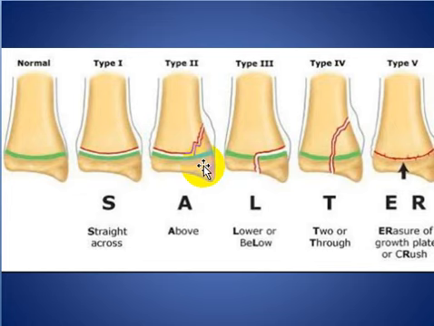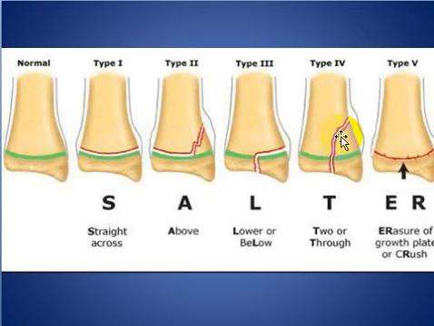In type 2, we have injury to the epiphyseal plate associated with a fracture of the metaphysis, as in this example. In type 3, we have injury to the epiphyseal plate and an epiphysis fracture, and that fracture is intra-articular.